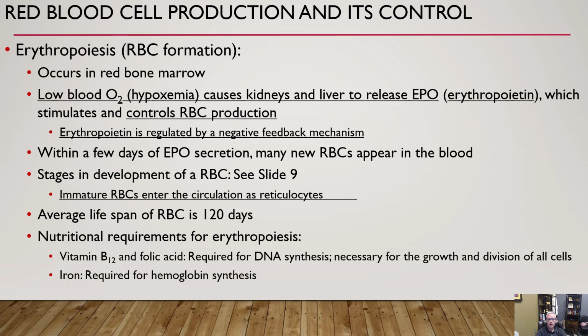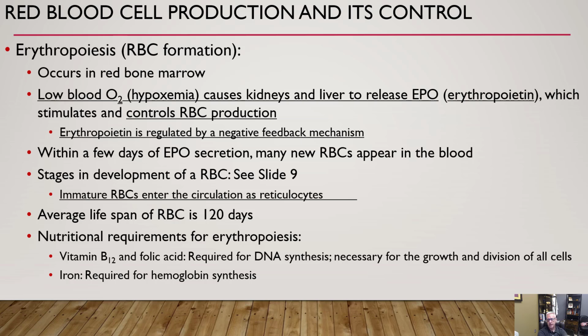So low blood oxygen levels, or hypoxemia, are going to cause your kidneys and your liver to release this hormone called erythropoietin, or EPO. And that's going to stimulate red blood cell production.